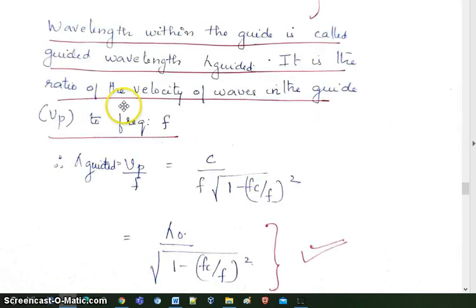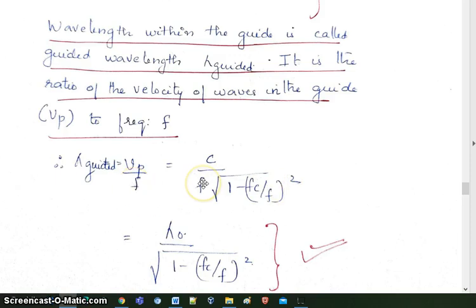Next we will see what is a guided wavelength. Wavelength within the guide is called guided wavelength, which is often notated as lambda guided, and it is the ratio of the velocity of waves in the guide, that is Vp, to frequency f. So I can define guided wavelength as Vp by f. Vp we already know, that is c by square root of 1 minus (fc by f) the whole square.